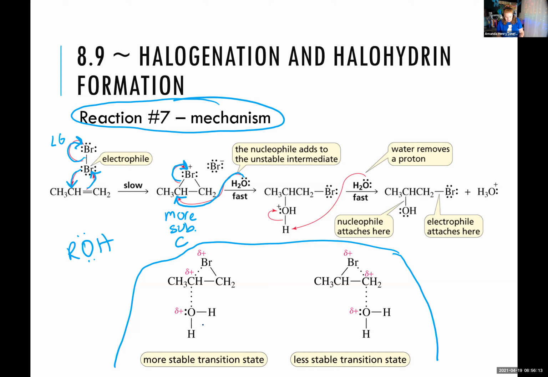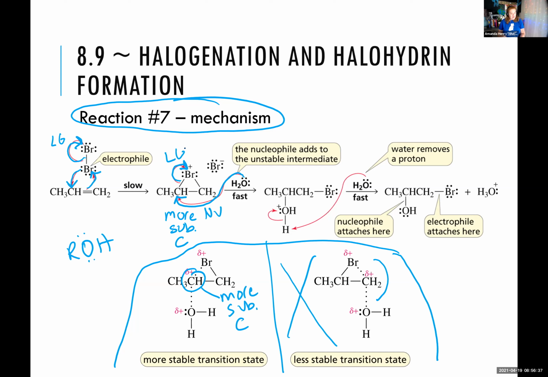So this is our oxygen going to our more substituted carbon. This is the bad one on this side because we have a less substituted carbon, which means it's going to be a less stable transition state. So our oxygen attacks, does a nucleophilic attack. Our bromine is technically a leaving group there.